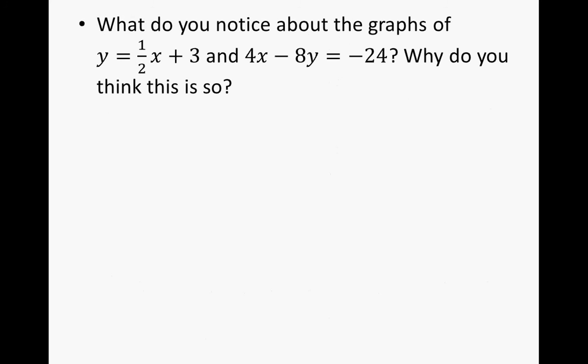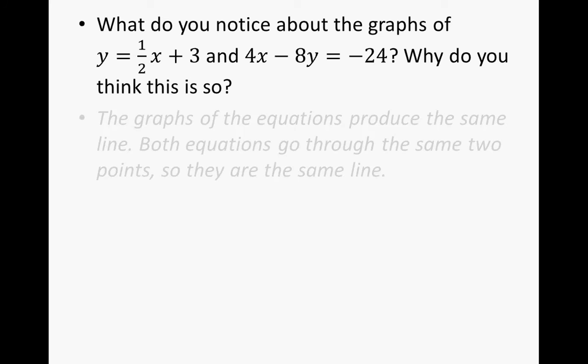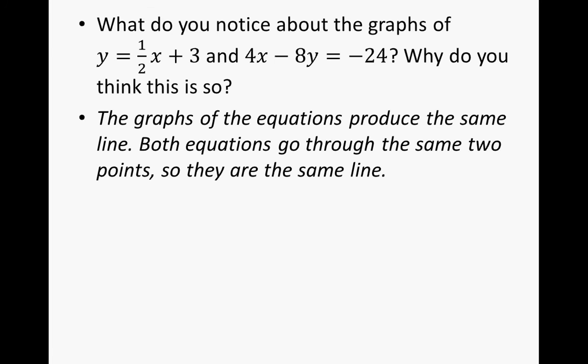So what do you notice about the graphs of y equals 1/2 x plus 3 and 4x minus 8y equals negative 24? And why do you think this is so? Well, the graphs of the equations produce the same line. Both equations go through the same 2 points, so they are the same line.